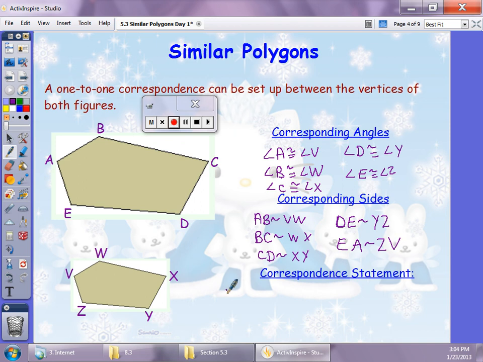So for our correspondence statement, we can now say that pentagon ABCDE is similar to pentagon VWXYZ.